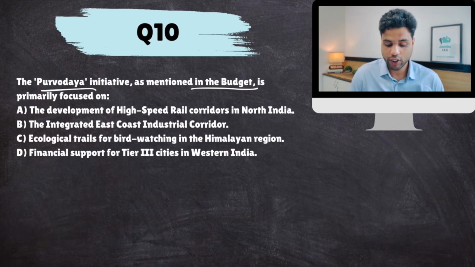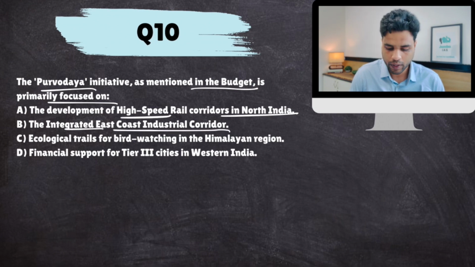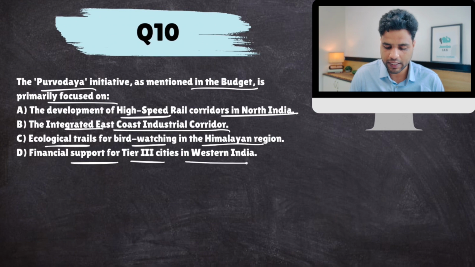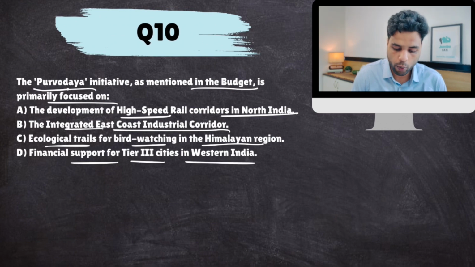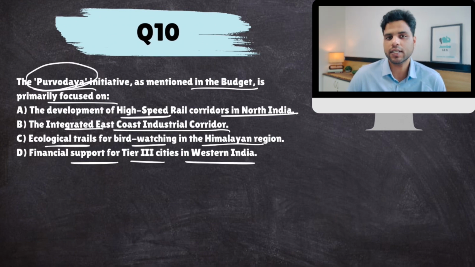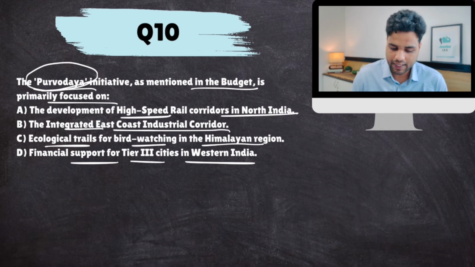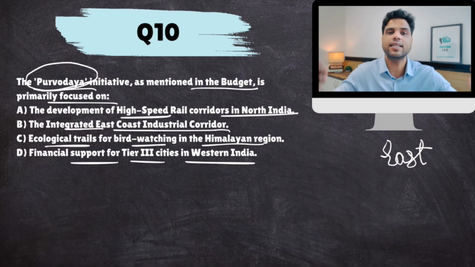Purvodaya initiative, as mentioned in the budget, is primarily focused on development of high-speed rail corridors in North India, integrated East Coast Industrial Corridor, ecological rails for bird watching in Himalayas, financial support for Tier 3 cities in Western India. Now, Purvodaya, if you understand Hindi or Sanskrit, Purv means east, and Uday means rising, like a rising sun.